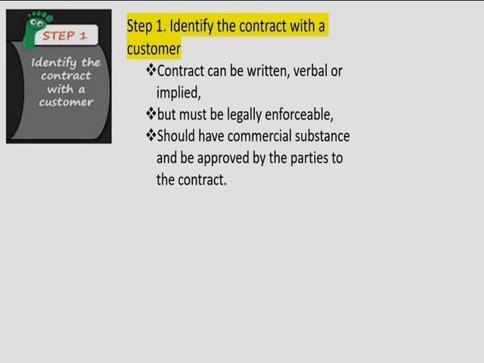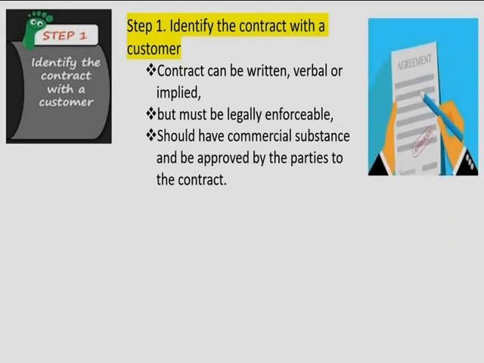I repeat, what is a contract? A contract with the customers can be in written or verbal form, or it can be implied. It also says that the contract must be legally enforceable.